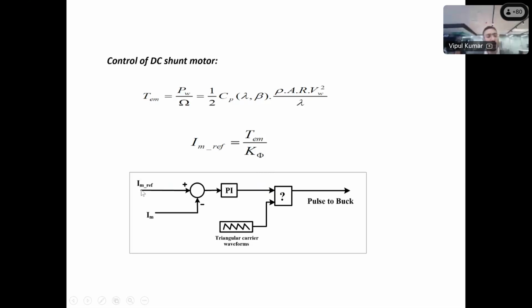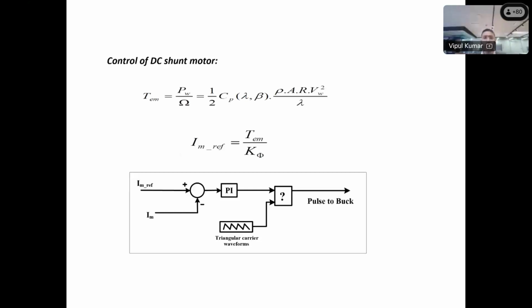That reference passes through a PI controller with feedback of the armature current, and after that we have the pulse generation mechanism in the software. The pulse switching frequency is 10 kilohertz. Right now we are using a 10 kilohertz switching frequency to control the whole system.